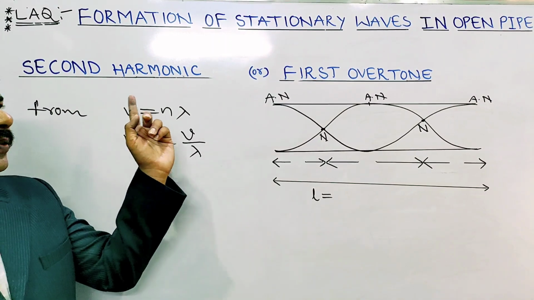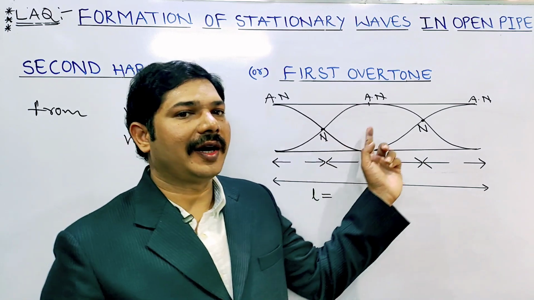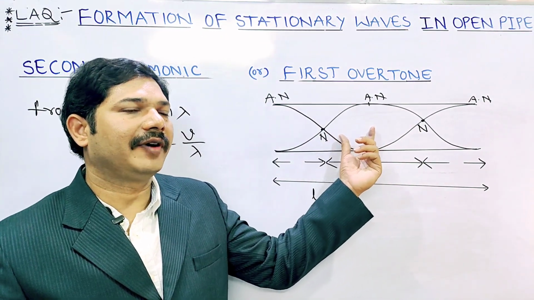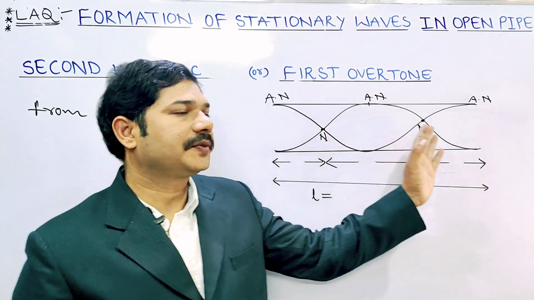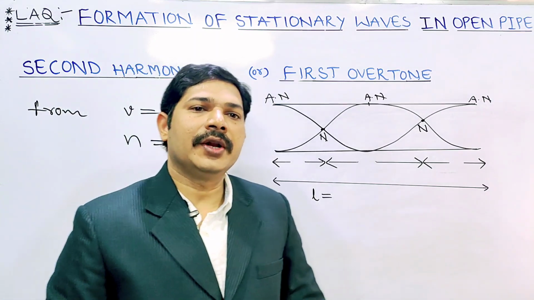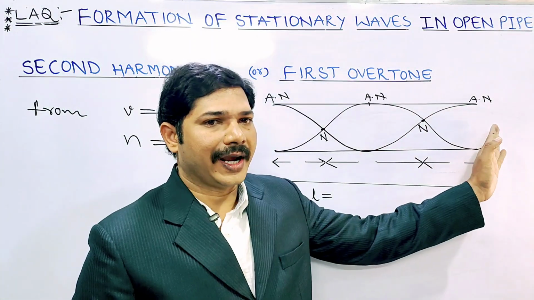In second harmonic or first overtone, here the waves form one single segment, one complete loop will form, and two half loops will form. Two ends, two half loops will form. So we know that in open pipe always antinodes are formed at the open end.